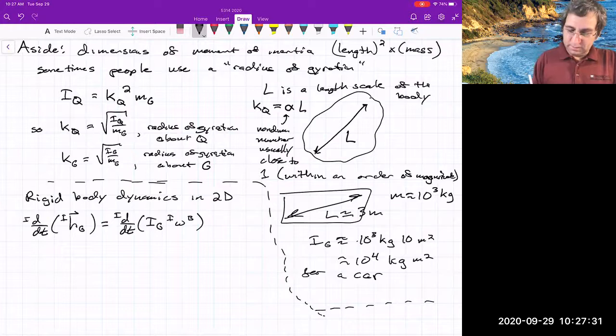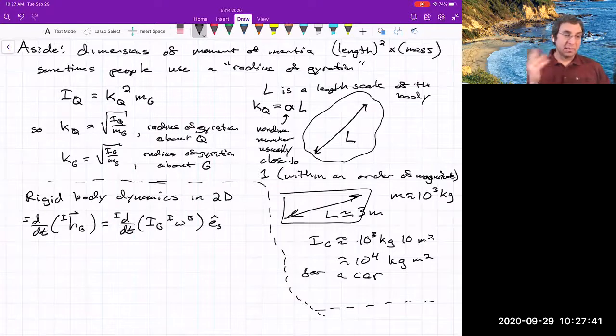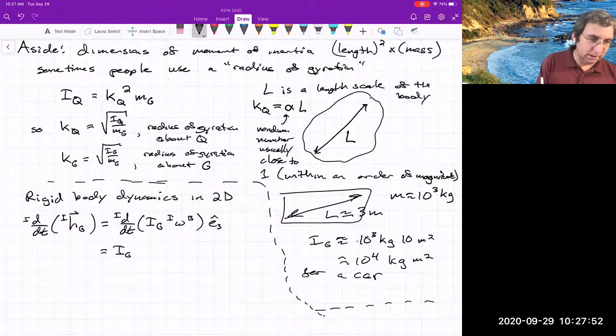And we can actually pull out either b3 or e3. It's an inertial direction, so the time rate of change of directions doesn't affect anything now. And I_G won't change. So all we're left with is I_G times the derivative of ᴵω^B.